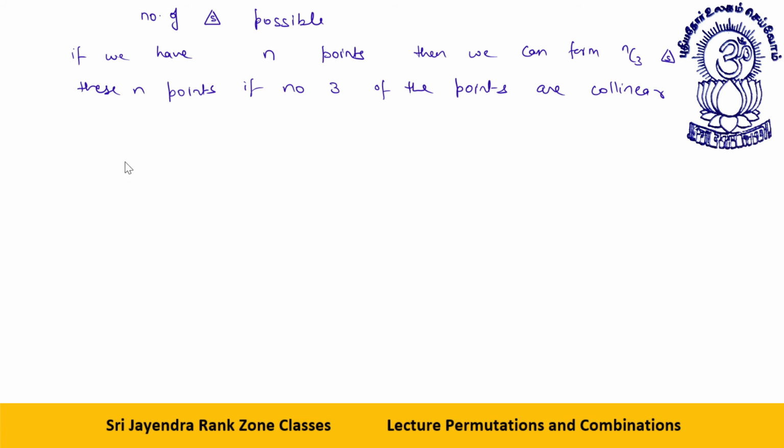How many triangles can I form from 12 points if none of the 3 points are collinear?